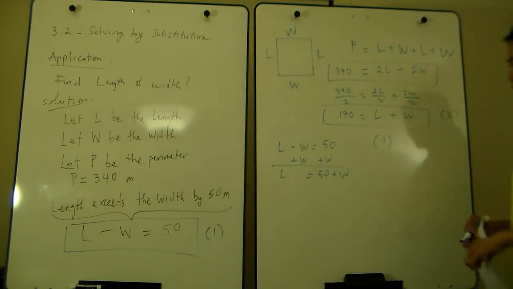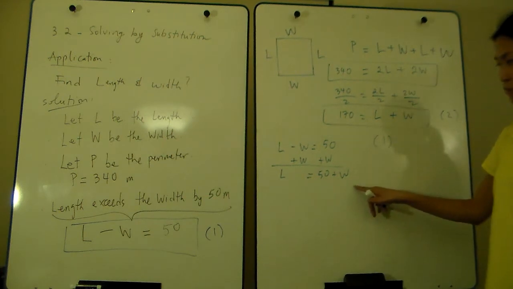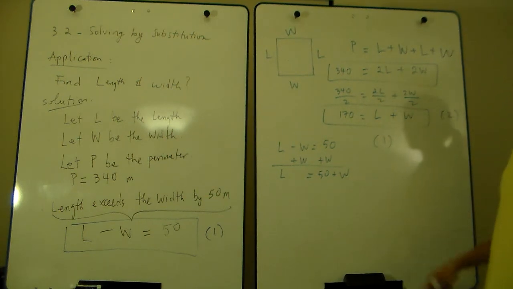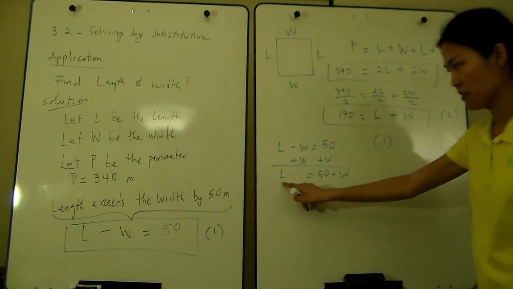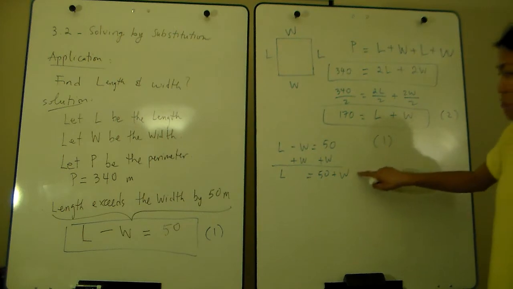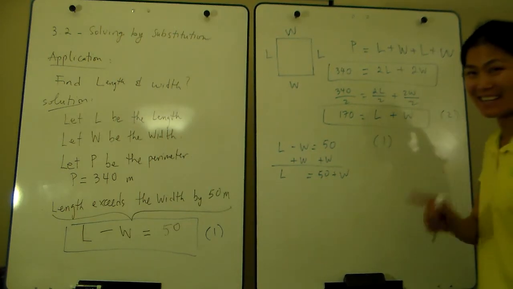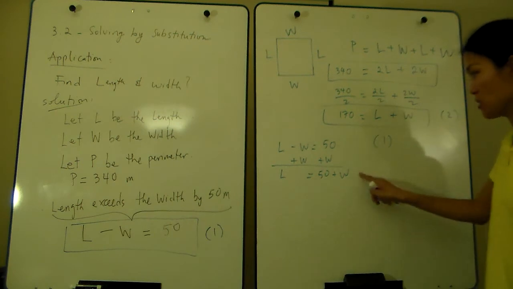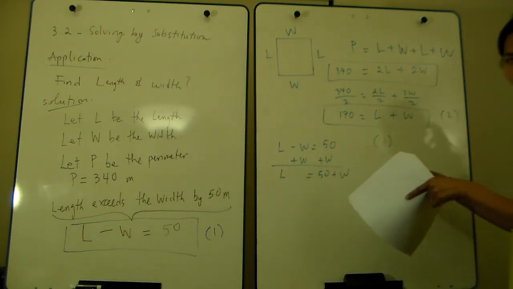Now from equation 1, you got L equal to 50 plus W, which is also equation 1, just written in a different form. Substitute this into the second equation. This is the result of the first equation, so you substitute it into the second equation. Do not substitute this into the first equation again, because this is the first equation.